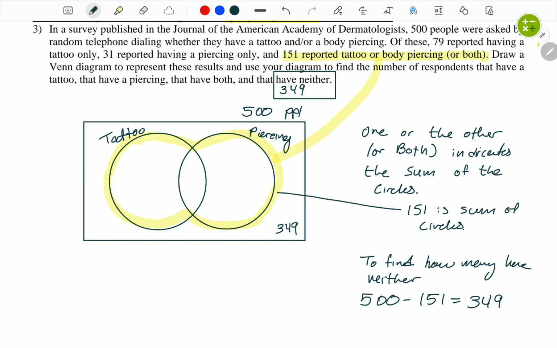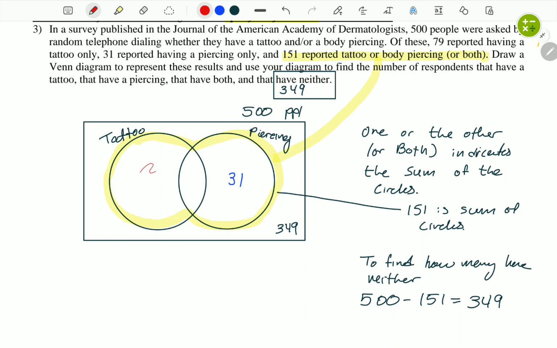Now the next one. 31 reported having a piercing only. Piercing only. That is very specific, which means we're going to place our 31 right here. Of these, 79 reported having a tattoo only. That is also specific.